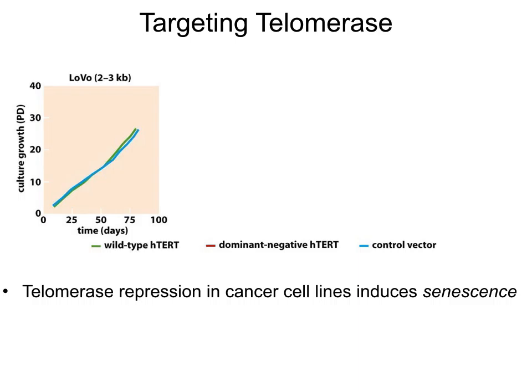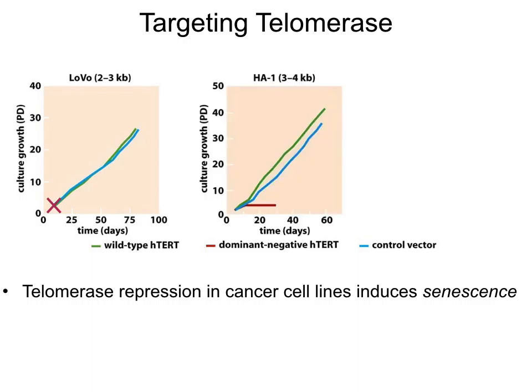However, if you introduce a form of TERT that has a dominant negative activity, so imagine a TERT that is catalytically inactive, that perhaps can't make telomeres, but can still bind to the TR subunit, the RNA subunit that is expressed in these cells, then you might be able to sop up the RNA subunit so that telomeres can't be extended. And in fact, when that occurs in this cell line that has very short telomeres, they actually undergo senescence and or crisis very rapidly.